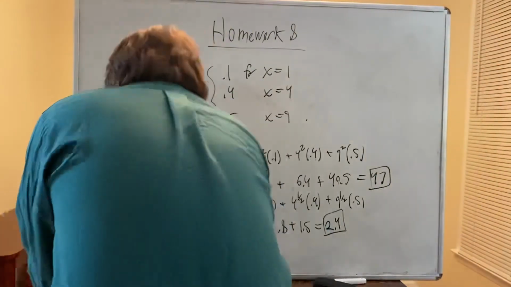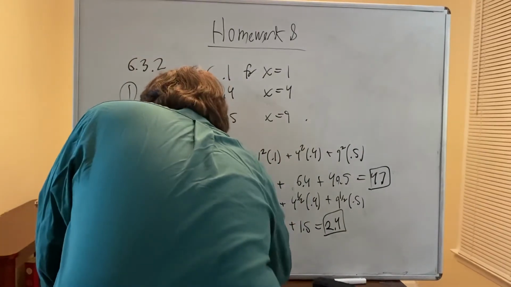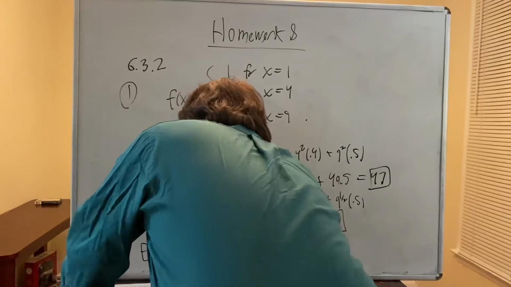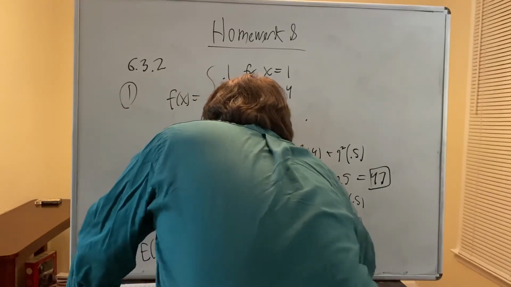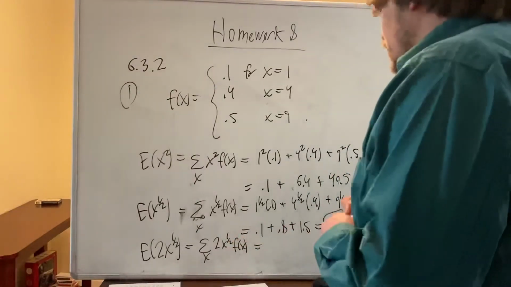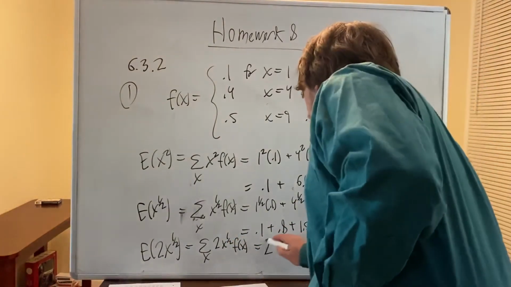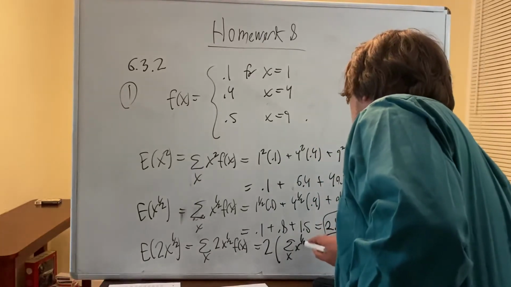And then E of 2X to the 1/2 is equal to the sum over all possible values of x of 2X to the 1/2 times f of x. Well, that's just equal to 2 times the sum over x of X to the 1/2 times f of x.